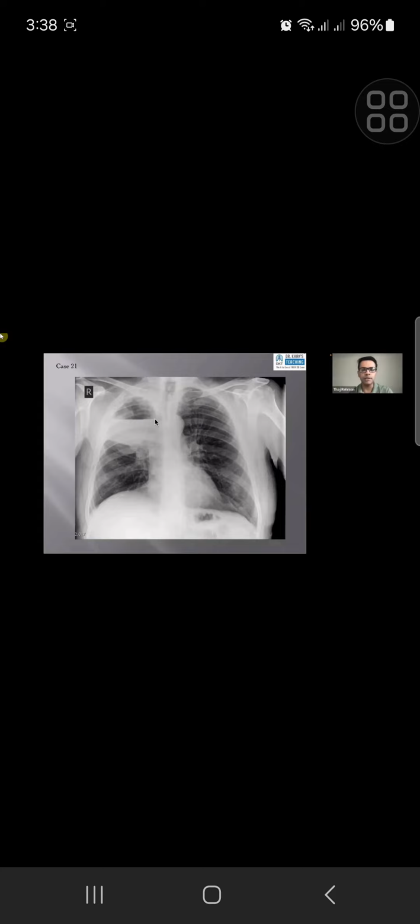Quite simple. Compared to the previous case I showed you, if the patient is acutely unwell, you would think of a lung abscess. Differential of air fluid level, one of them is lung abscess. Now, could this air fluid level be in the pleural space outside the lung?